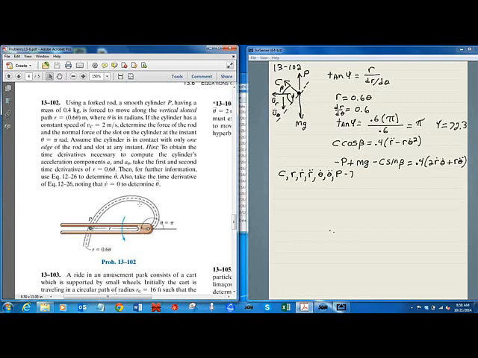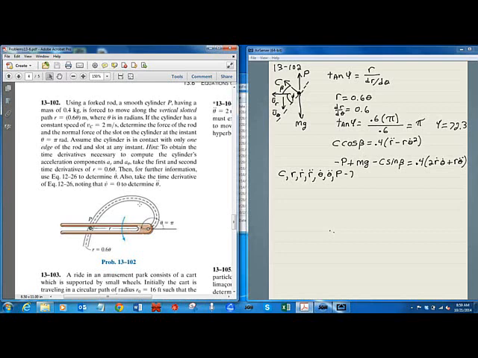I ought to be able to find all of the terms that have single dots. And because I'm told that the speed is constant, that's a double dot term, I should be able to find all the double dots. So what I'm thinking now is that I ought to be able to find other equations that will tell me r, r dot, r double dot, theta dot, and theta double dot. If that's the case, then I'll have only two unknowns left, C and P, and everything will work out just fine. So what I'm going to focus on now is trying to find relationships between the motions that were given to me and all of these r's and r dots.